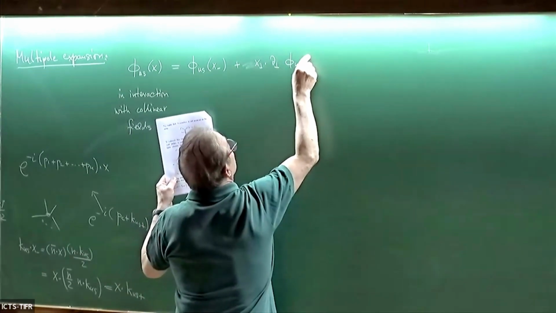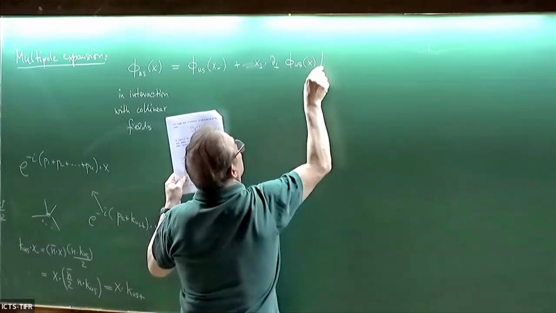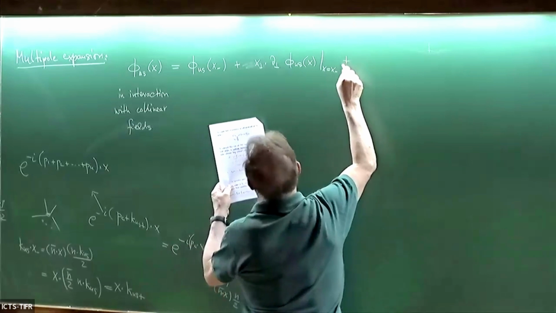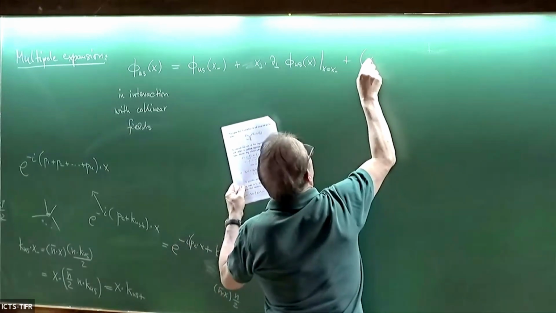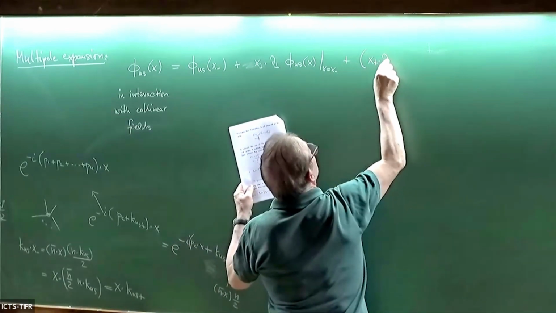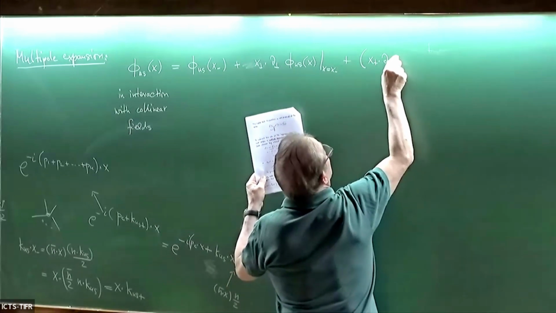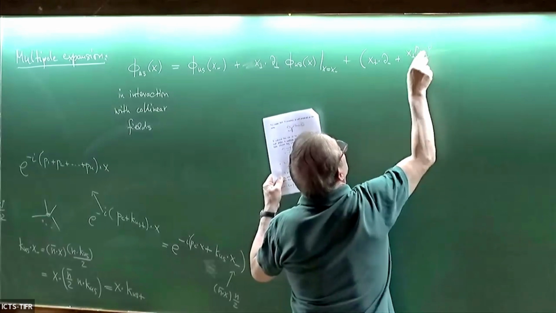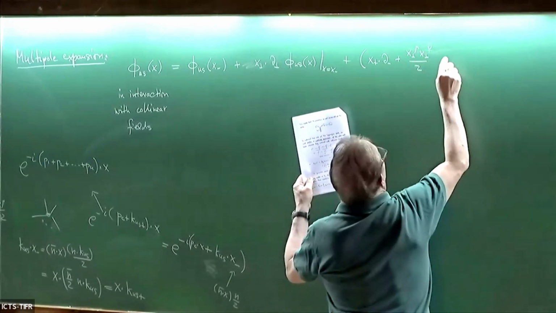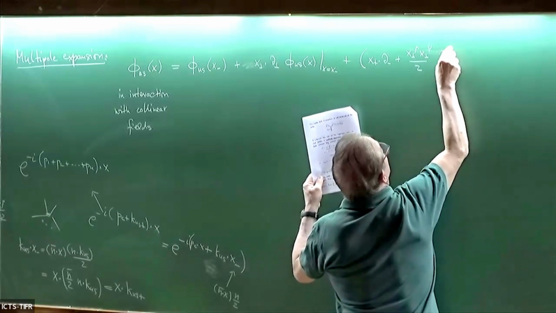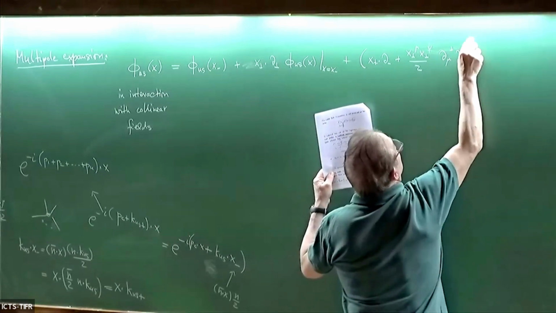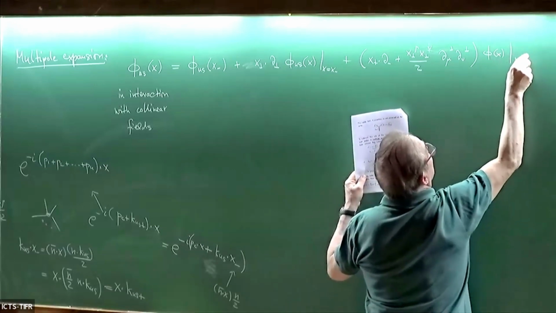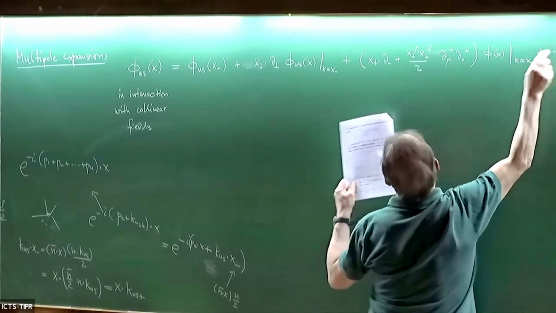So this is at X equal to X minus after you do the expansion, and the next term would be X plus times D minus plus X perp mu over 2 times D mu perp phi of X at X equal X minus, and so on and so forth.